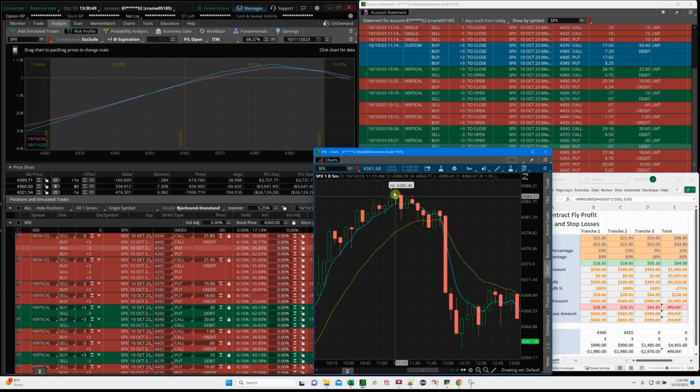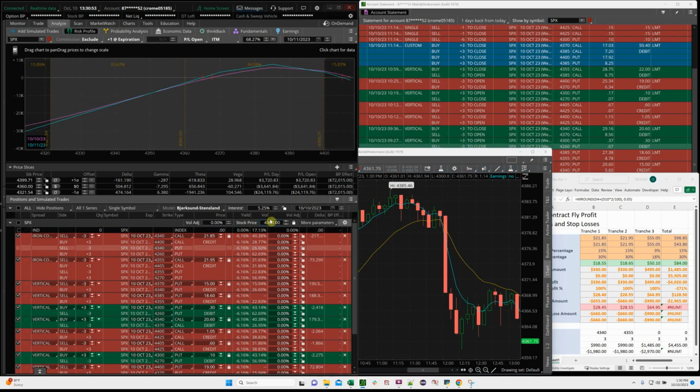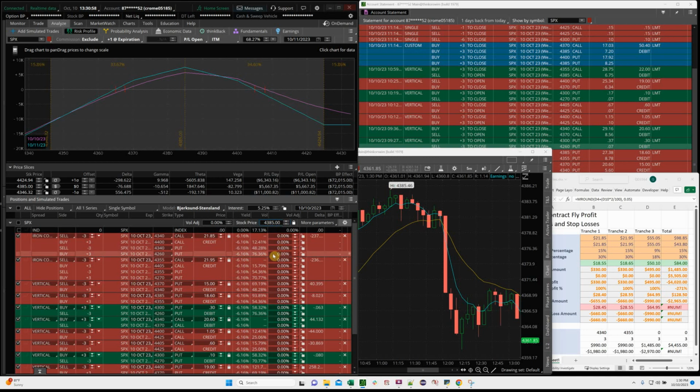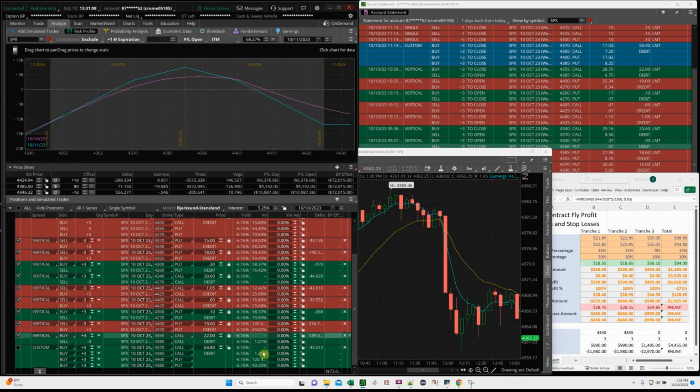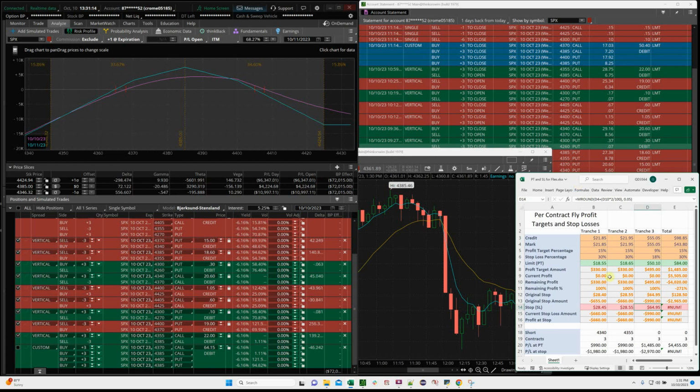So I'm glad I did. So let's go back to 43.85. And we can see it's close to the center of my profit tent. And what is this price right now? This is 43.80.